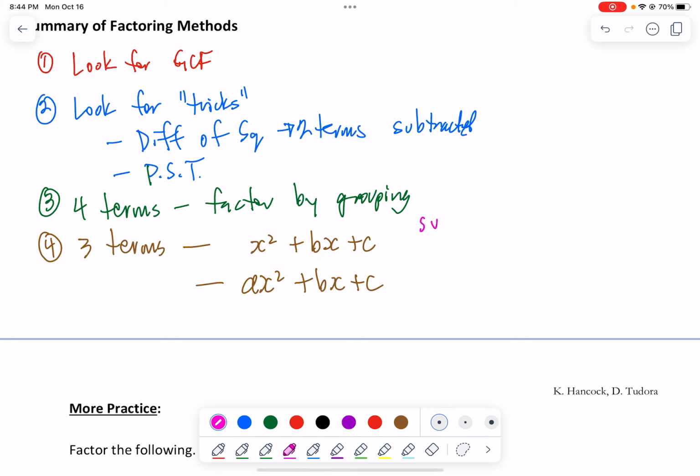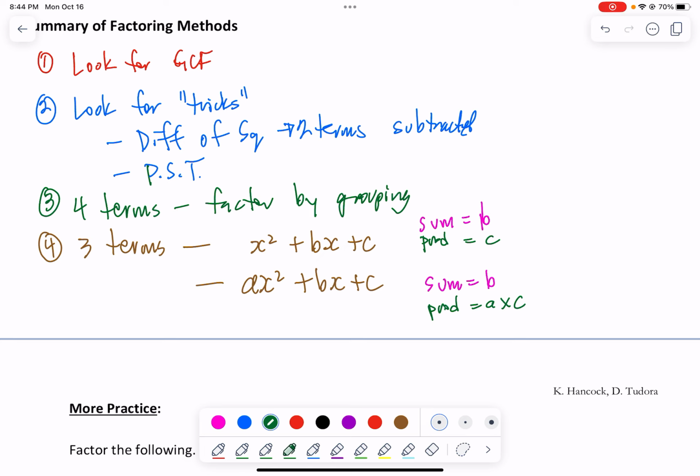For the first one, our sum would be b. Also for the second one, the sum would be b. For that first one, your product is going to be just C, but in the second one, your product is going to be A times C.